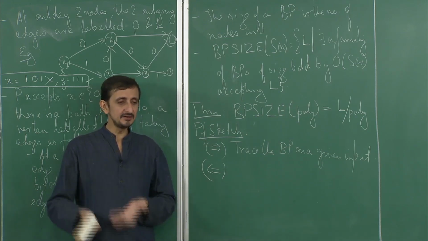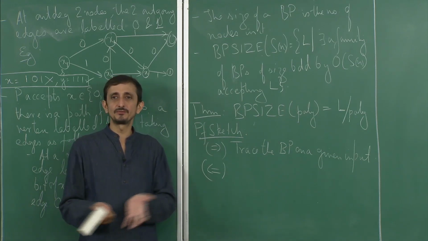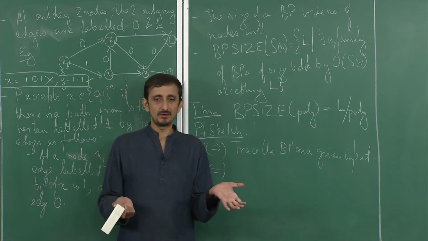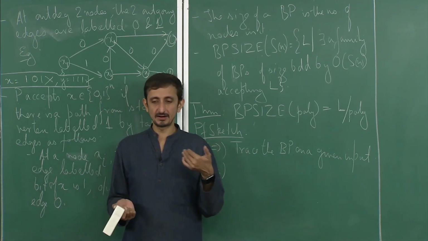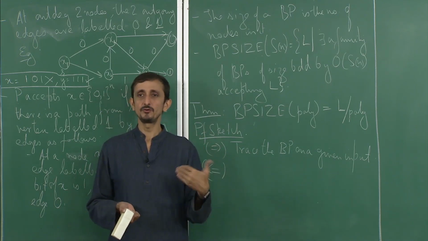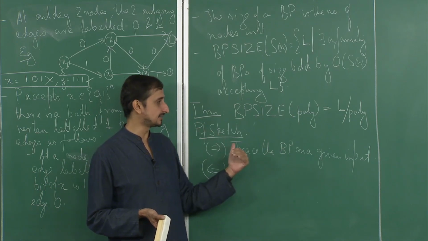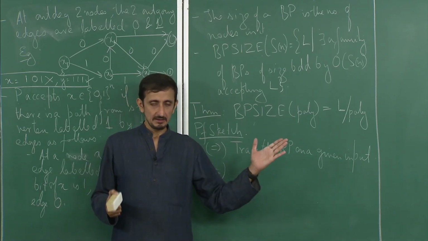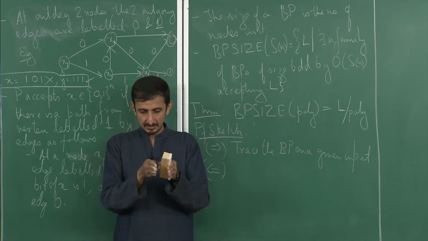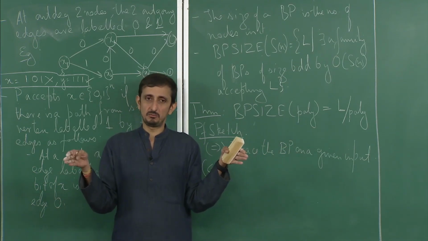Essentially you look at the configuration graph of that machine. It's not exactly the configuration graph, because a configuration graph is defined for a machine and an input, and here you don't have an input as such. You have the machine. Look at the tape of that log space machine.